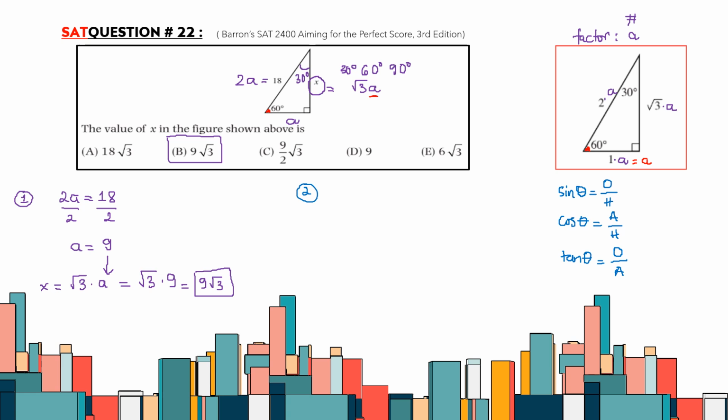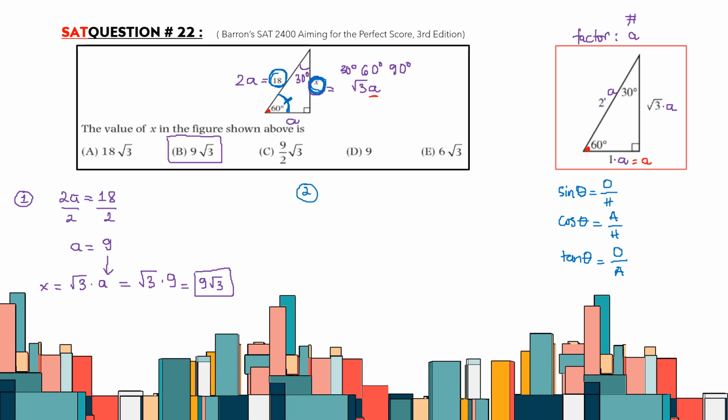In this case, we try to find x, right? And we have the hypotenuse. We have the given 60 degree, and we have the hypotenuse. So x is opposite to 60, right?